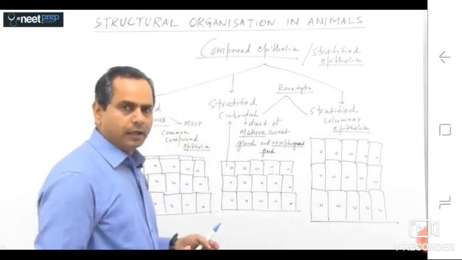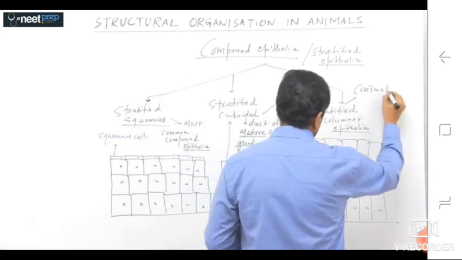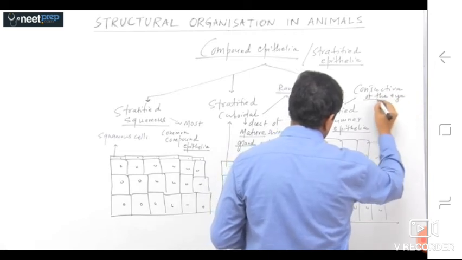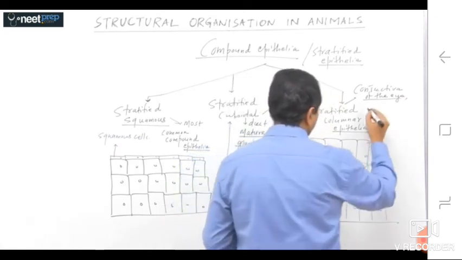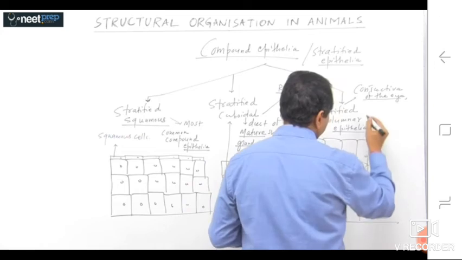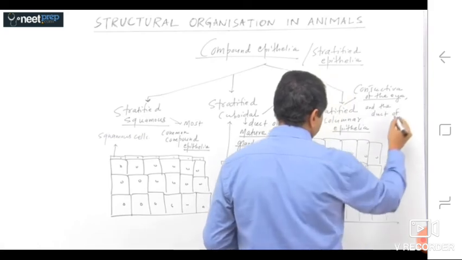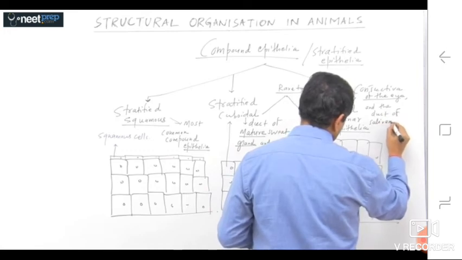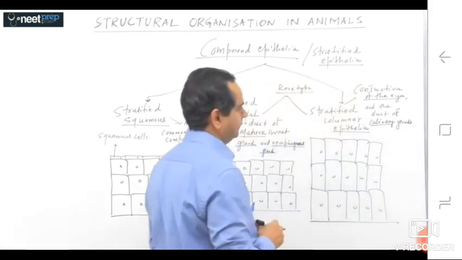And the stratified columnar epithelia can be seen in conjunctiva of the eye and the duct of salivary glands.